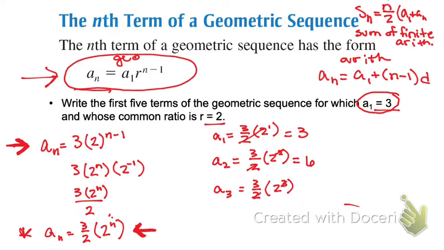One reduces out, so I have 2 squared. 2 squared is 4 times 3 is 12. A sub 4 is 3 halves times 2 to the fourth.